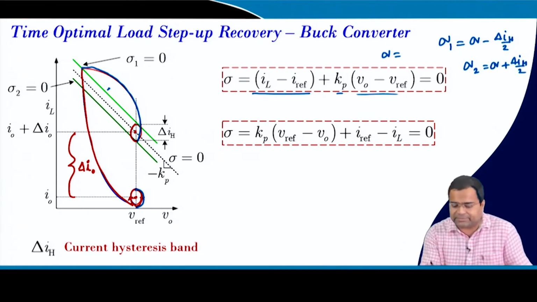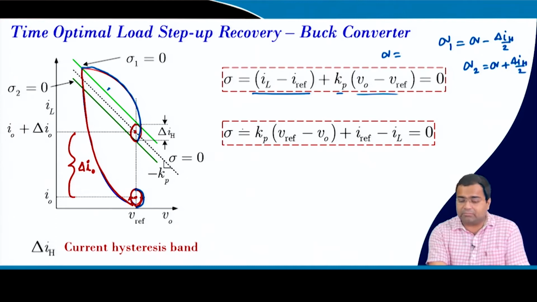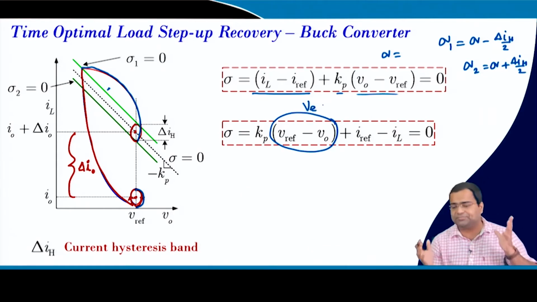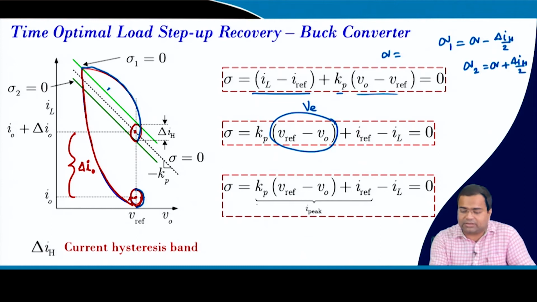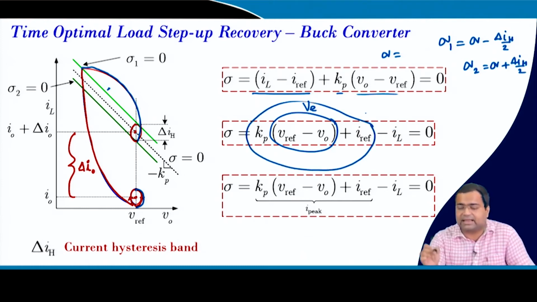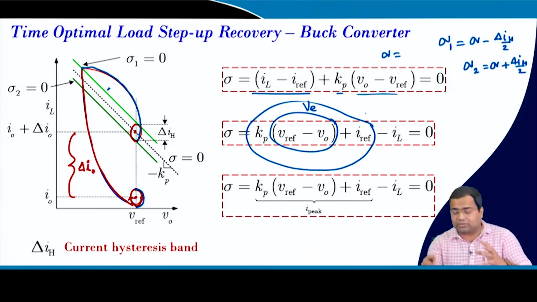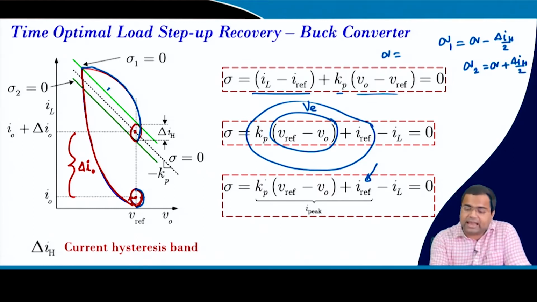Now, if you rearrange sigma, that means we multiply with minus 1. It will look like a traditional error voltage, Vref minus V0, and a reference current. Taking the complete thing, it is like a peak current reference consisting of the reference current, which can be the load current, plus the proportional gain times the error voltage.